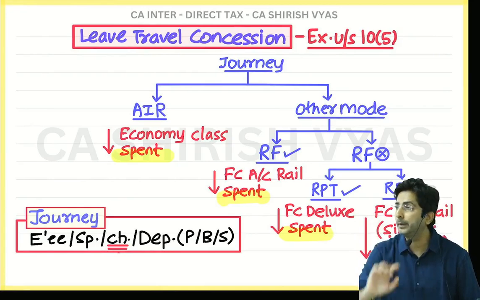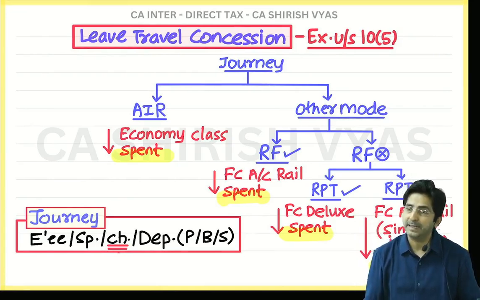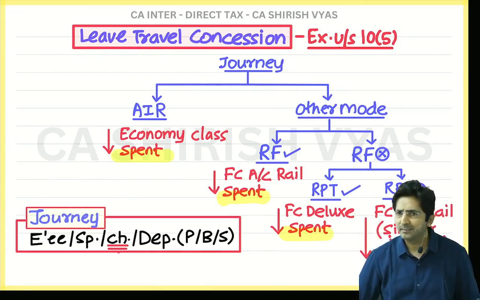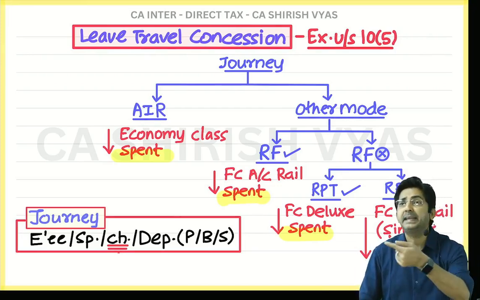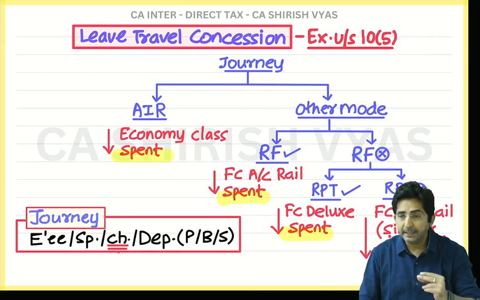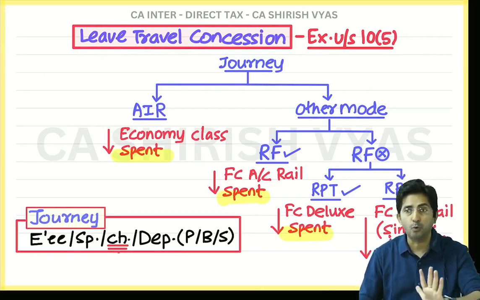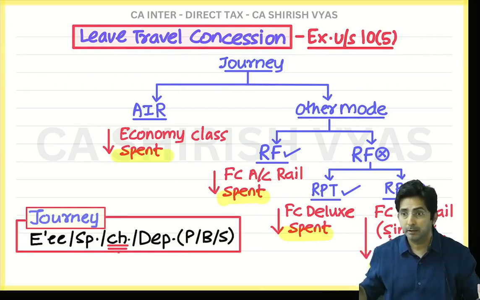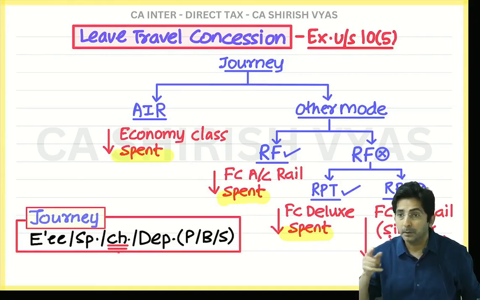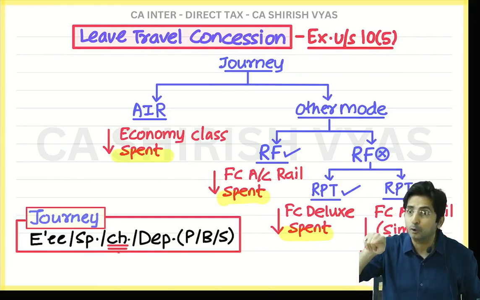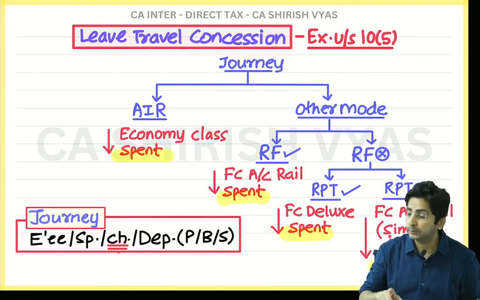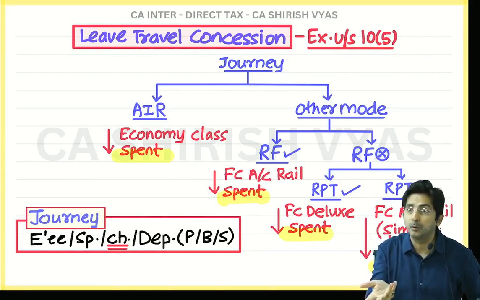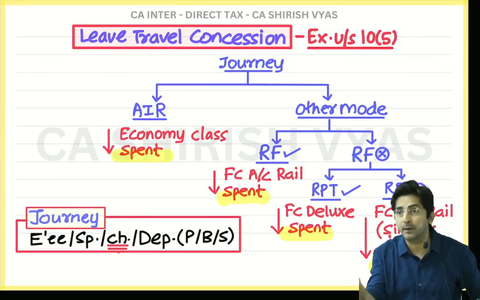In 1998, when the budget came, that time they put a limit on children. Earlier there was no limit. Earlier even if you had 10 children, go travel, fully exempt. But in budget 1998, they introduced a limit that now no unlimited children, maximum 2 children. But the budget came in October that year. So the limit of 2 is applicable only for children born on or after 1/10/98.